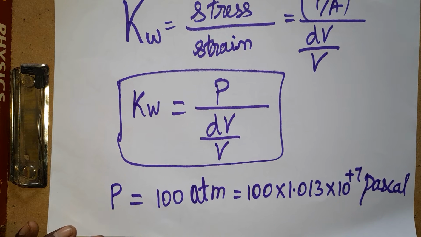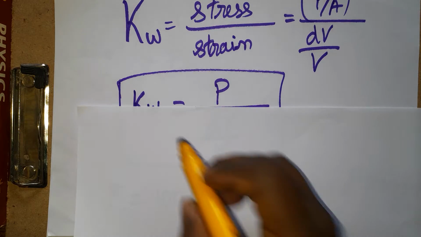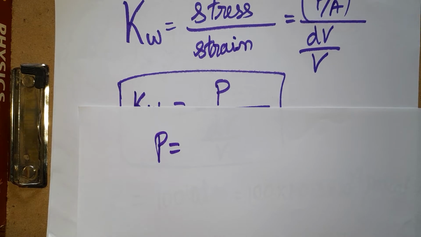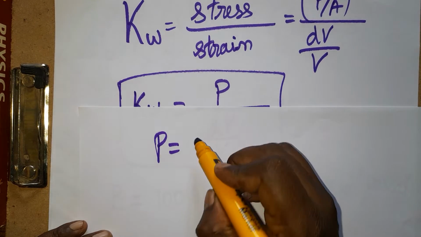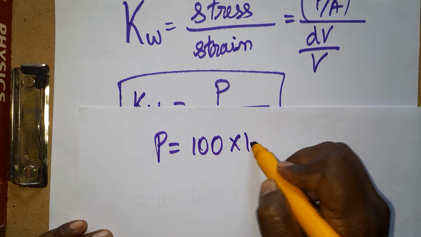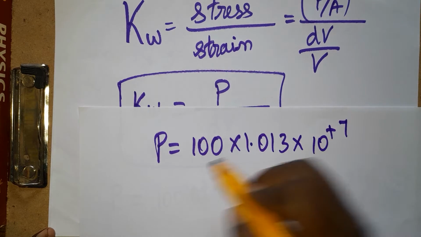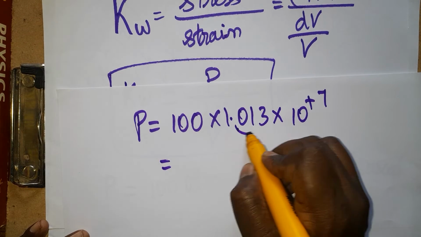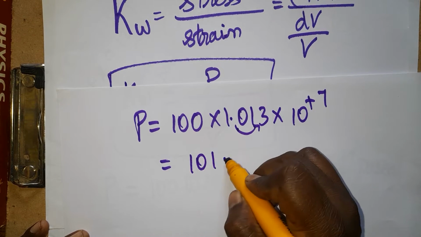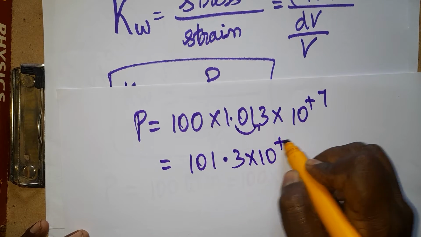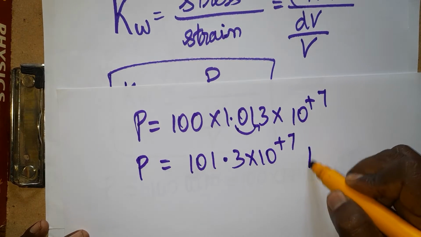Pressure is equal to 100 into 1.013 into 10 power 5. Multiplying these two, we move the decimal two places: 101.3 into 10 power 5 pascals.